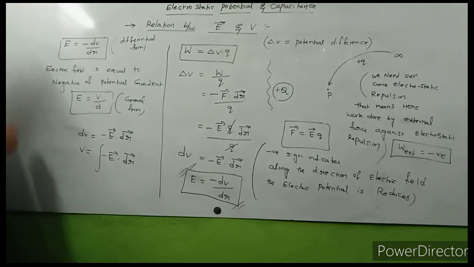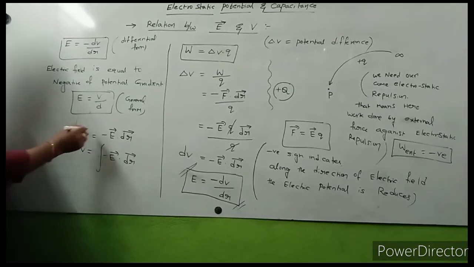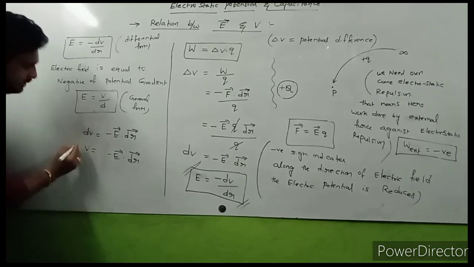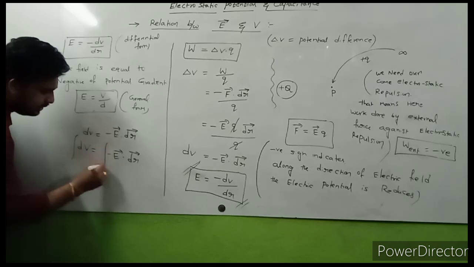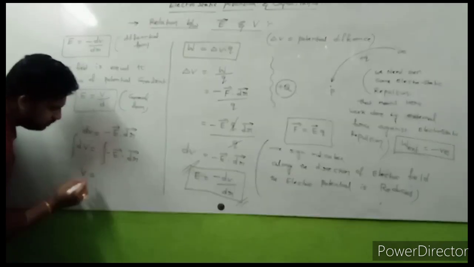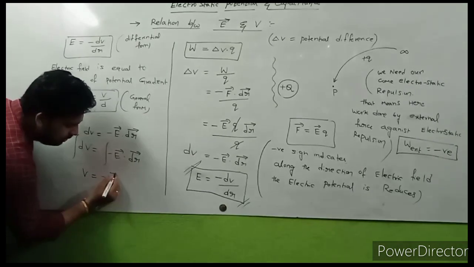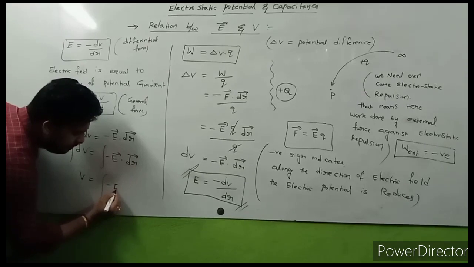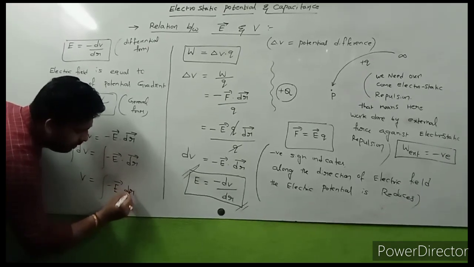If you consider integration on both sides, then we'll get V is equal to the integral of minus E bar dot dr bar.